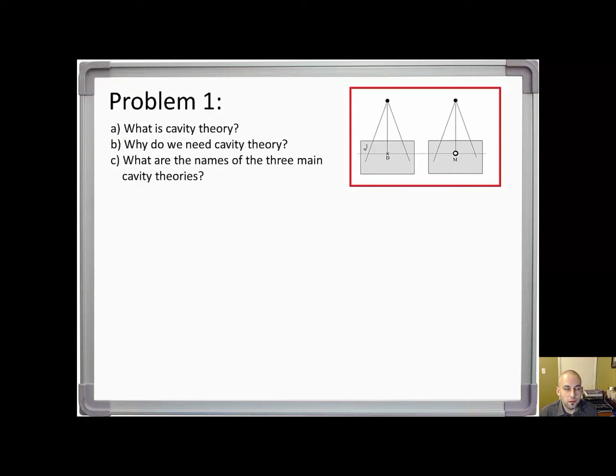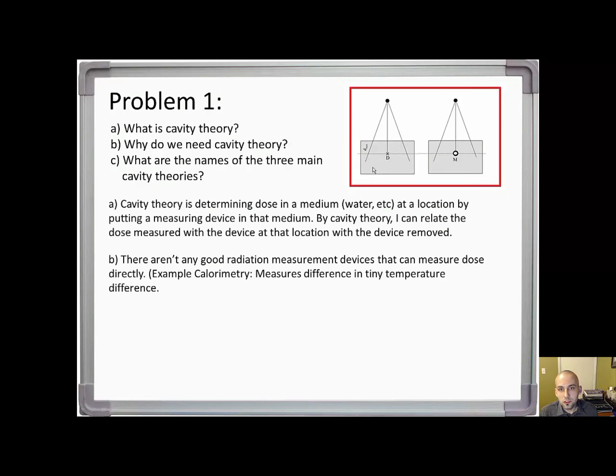Okay, so problem 1. What is cavity theory? And I'll go ahead and include B. And why do we need it? So suppose we want to measure dose at this location in, let's say, a water phantom. Well, in many instances, what we're using is an ionization chamber to measure the radiation dose. An ionization chamber is essentially a capsule filled with gas, typically air.